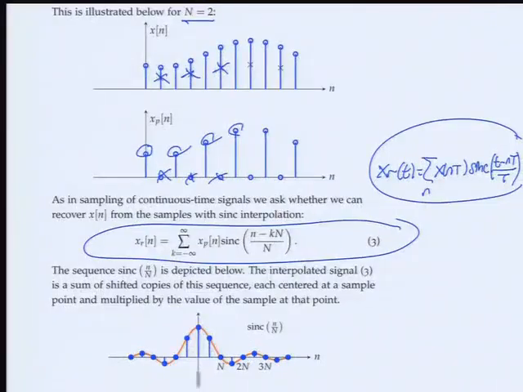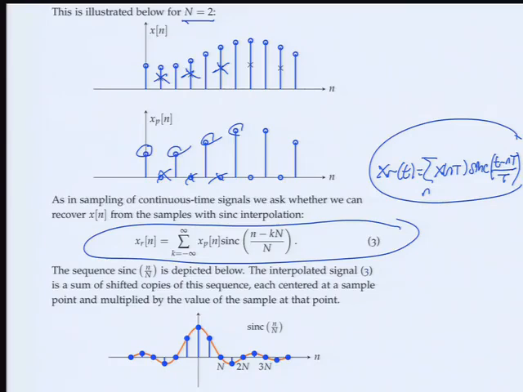Now look at this expression 3. It has a bunch of these sinc(n over N) terms in it, and each of these is recentered at an integer multiple of N, k times N. So without that shifting, what does sinc(n/N) look like? Normally, sinc crosses 0 at integer values.